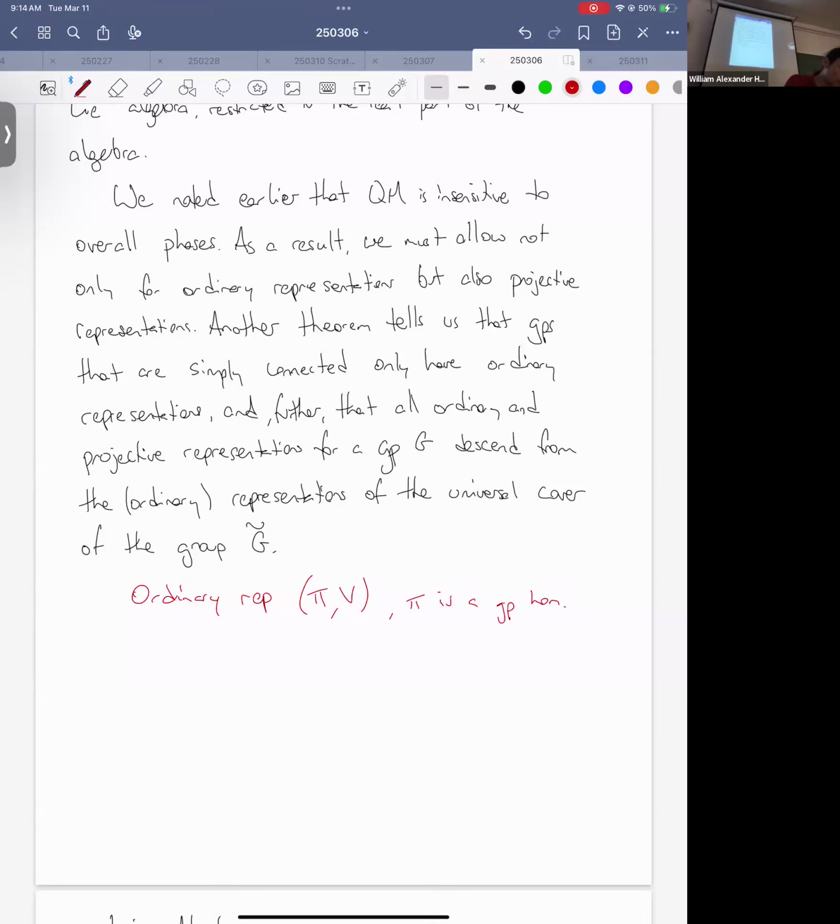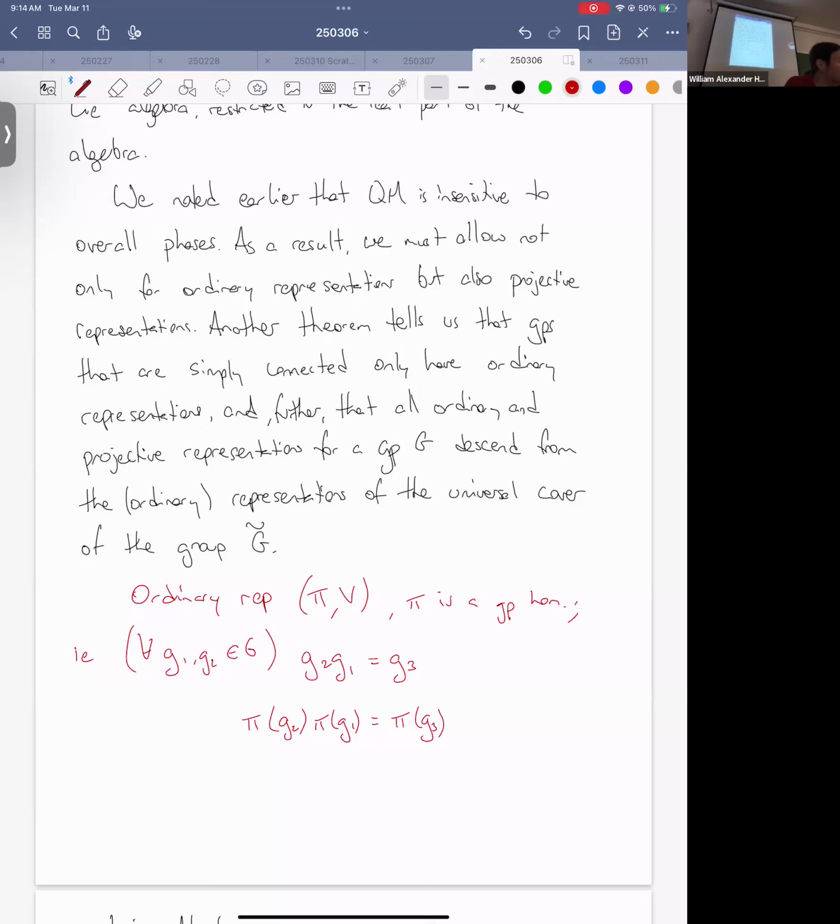What does that mean? It means that for all elements of our group G such that G1 followed by G2 is G3, we have that pi of G1 followed by pi of G2 is pi of G3.